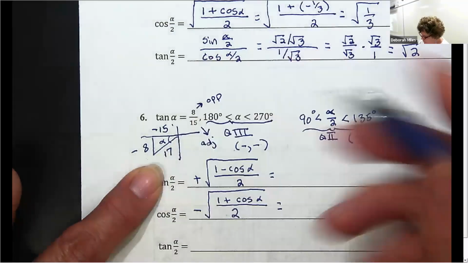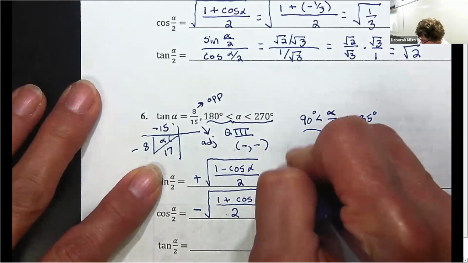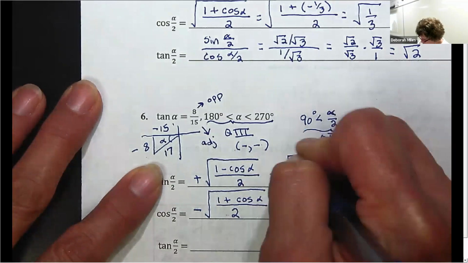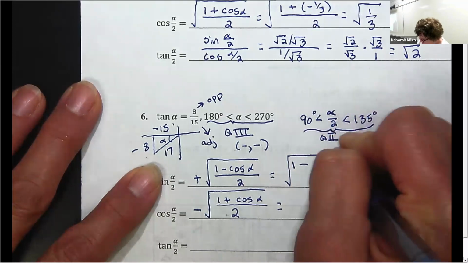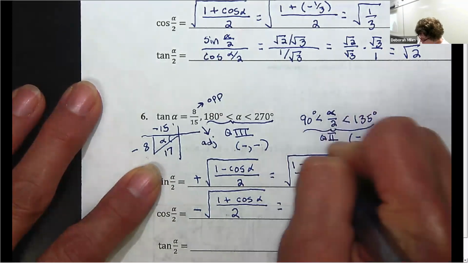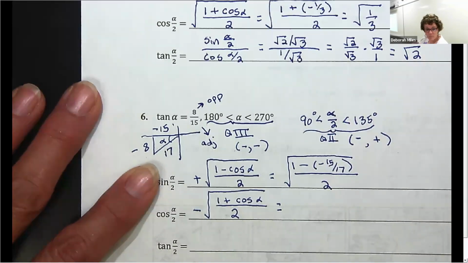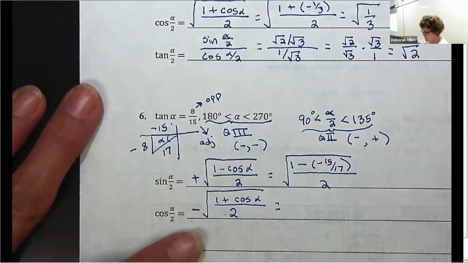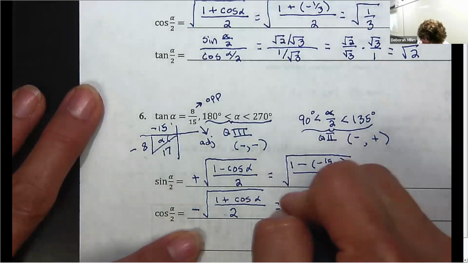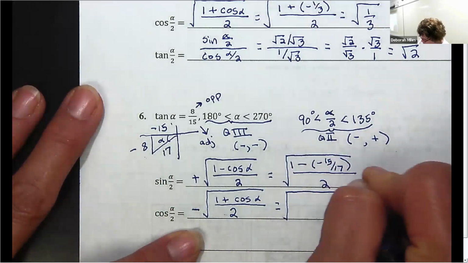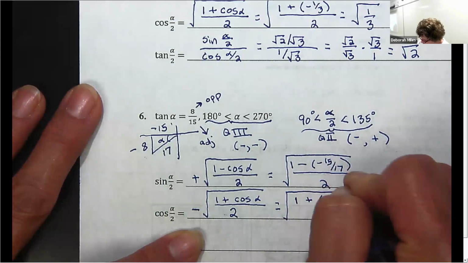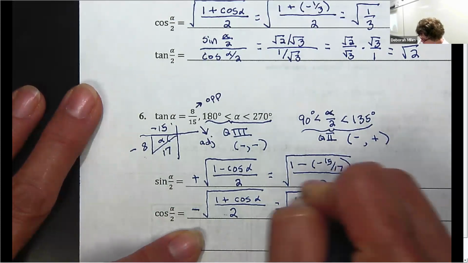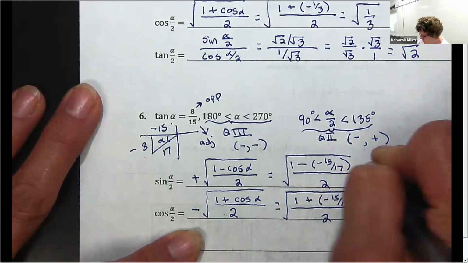Negative 15 over 17. 1 minus negative 15 over 17 divided by 2. And cosine will be 1 plus negative 15 over 17 divided by 2.